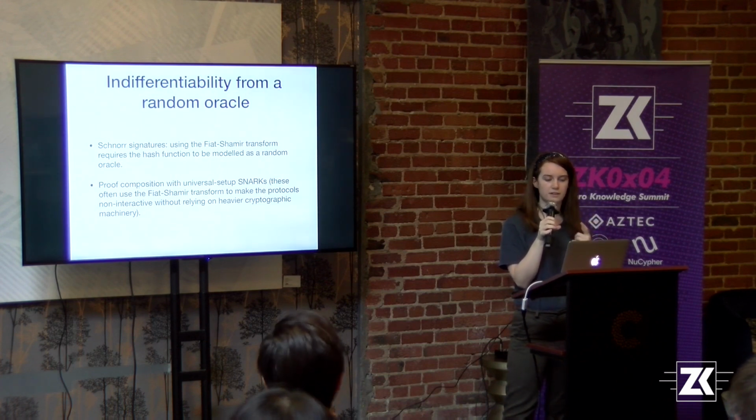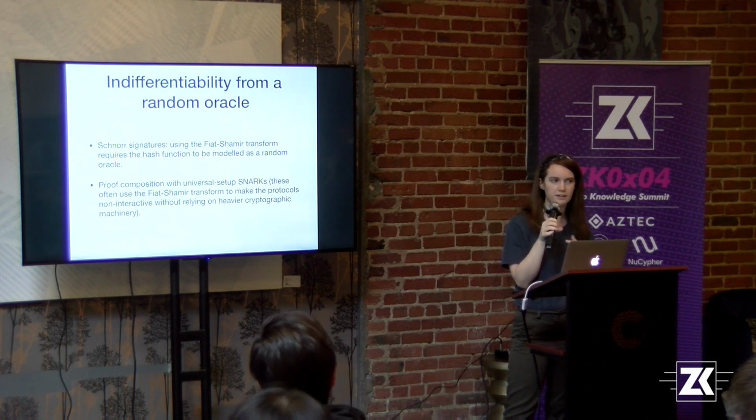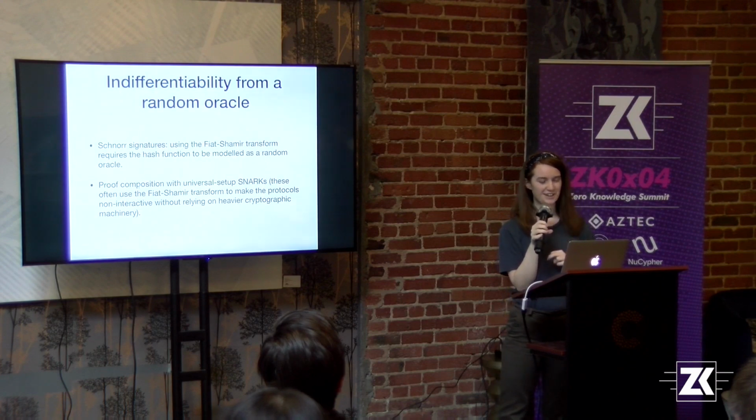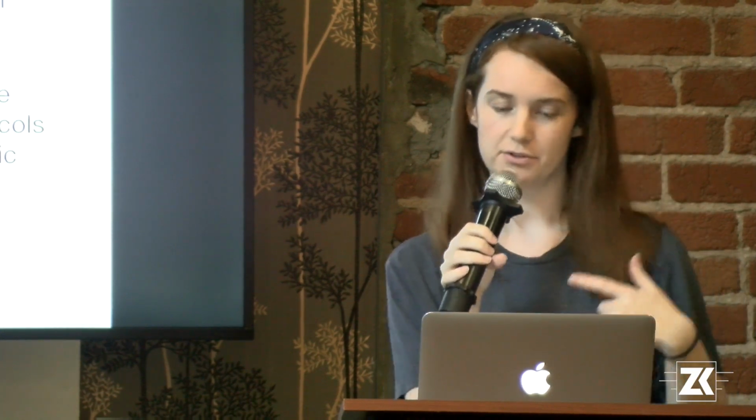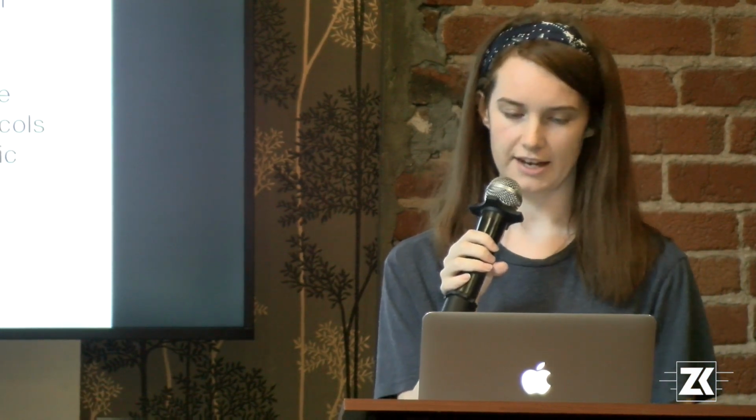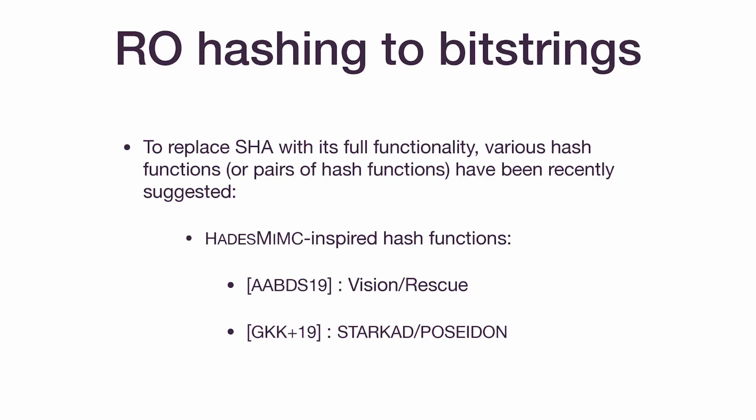So this is a way that a lot of the newer universal setup SNARKs get rid of interactivity. And so if you want to compose with one of those, if you want to verify that inside of a SNARK, then you want your hash function to behave randomly.